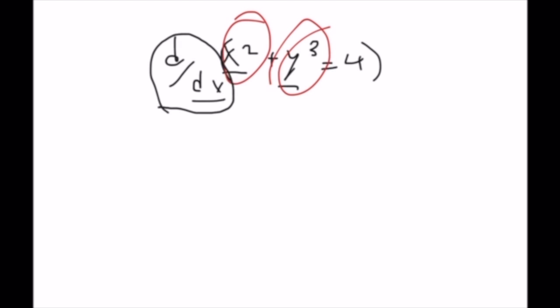So let's use the normal power rule for the x variable. That would just be bring the 2 down, x to the power of 1 on top, so it's just 2x plus, okay, now we have the y cubed. Since this is in terms of x, first let's use the power rule for y cubed, which is nothing but 3y squared.